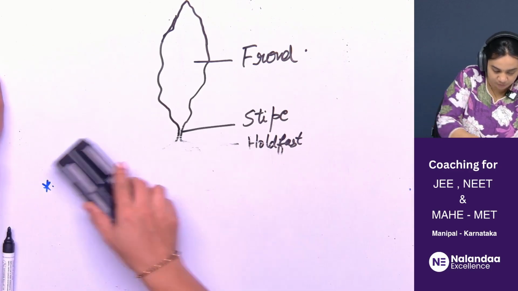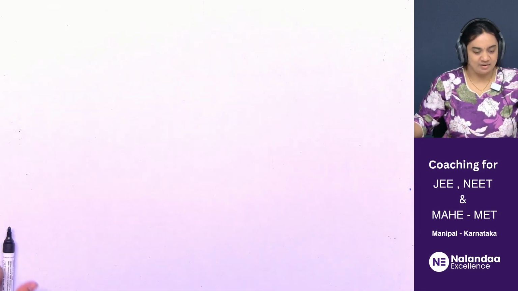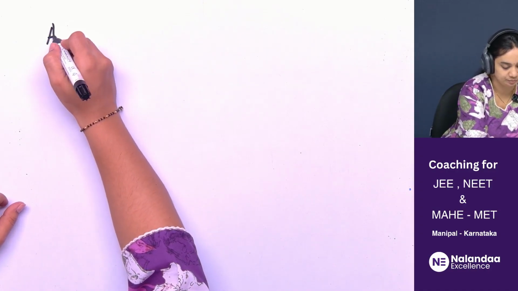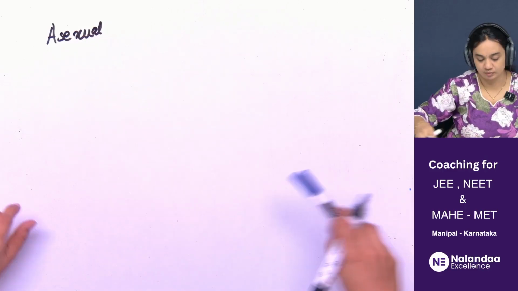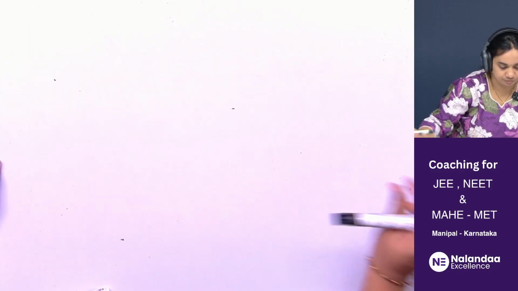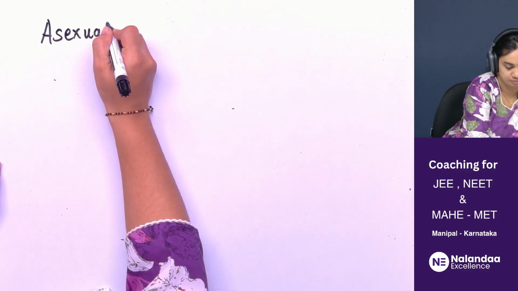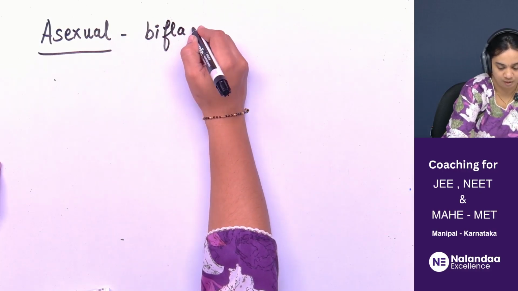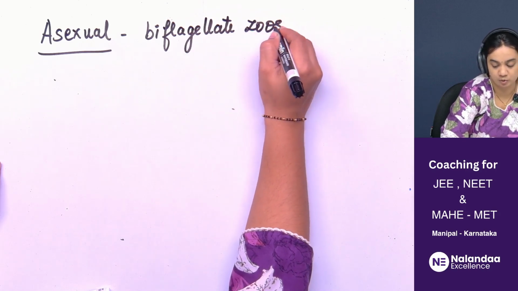Now, next we'll talk about reproduction. Again, vegetative reproduction is by fragmentation. I'm not going into that again. Asexual reproduction is by means of biflagellate zoospores.